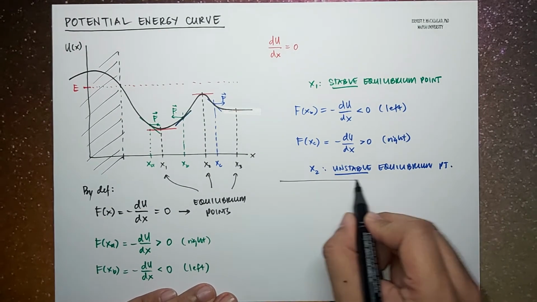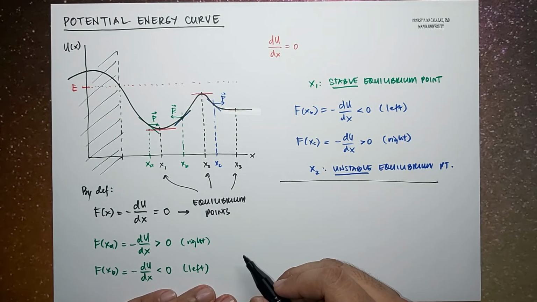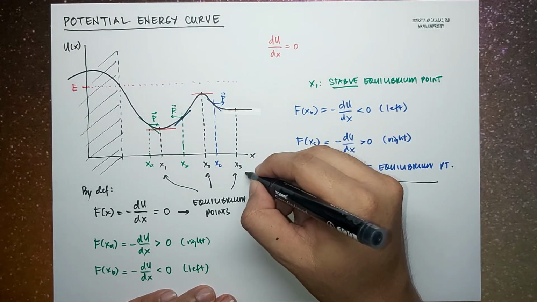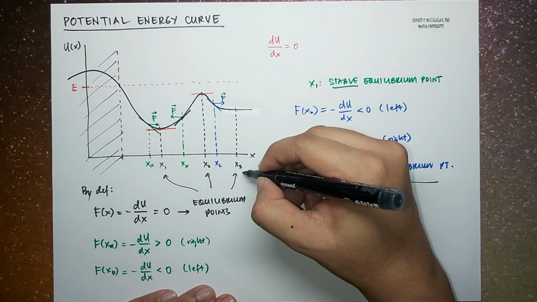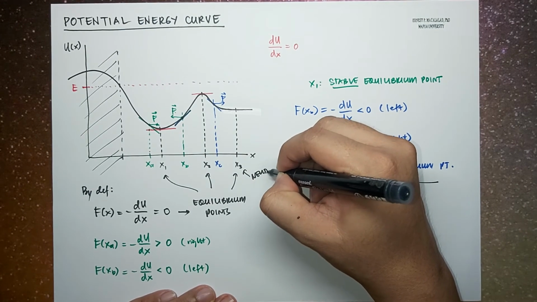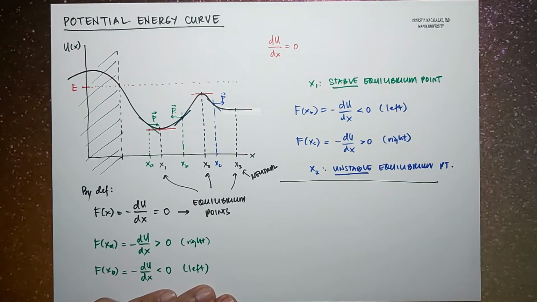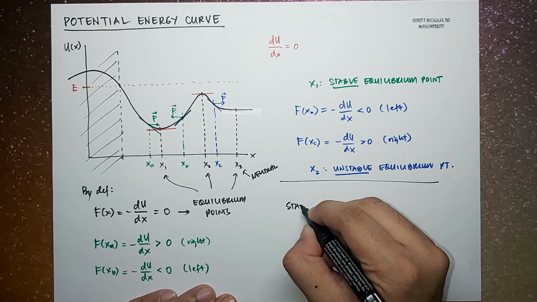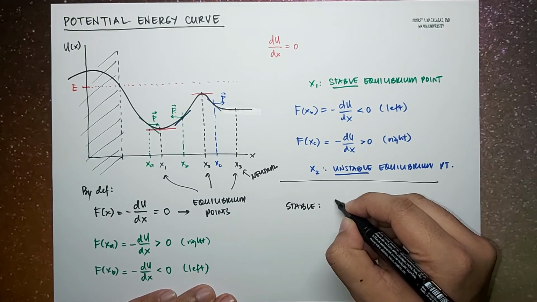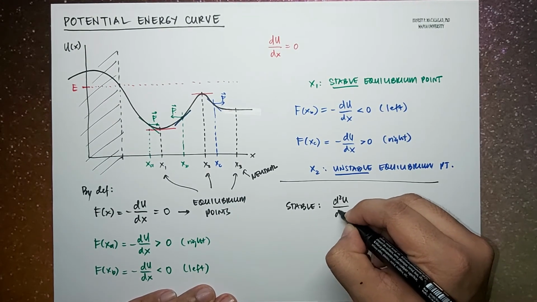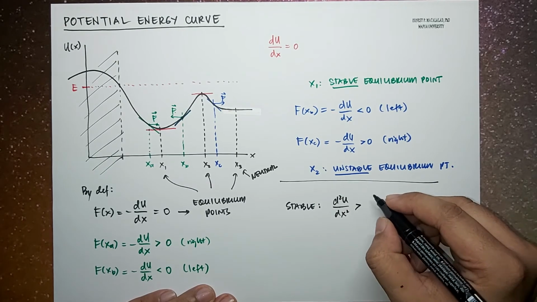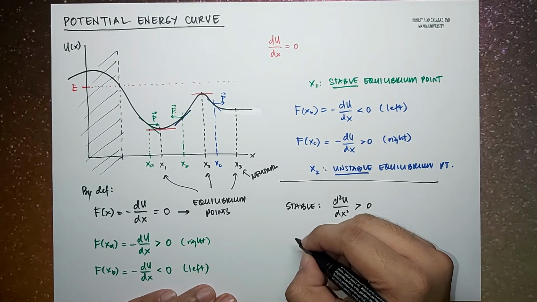Mathematically, we can identify whether a point is unstable, stable, or neutral by getting the second derivative of the potential energy with respect to x. For a stable equilibrium, the second derivative of your potential energy curve must be greater than 0.